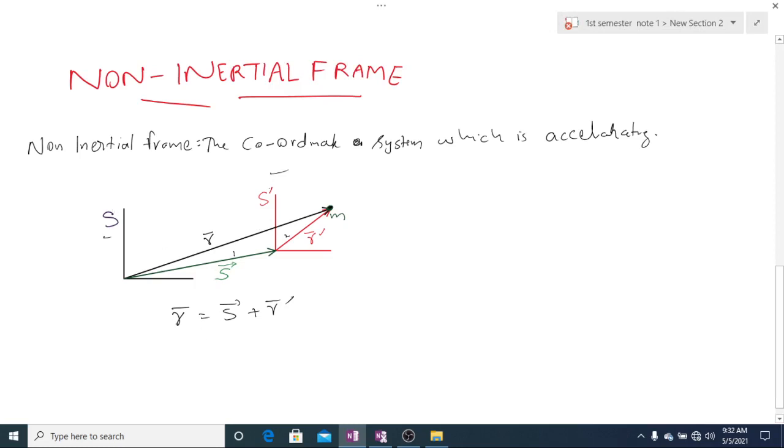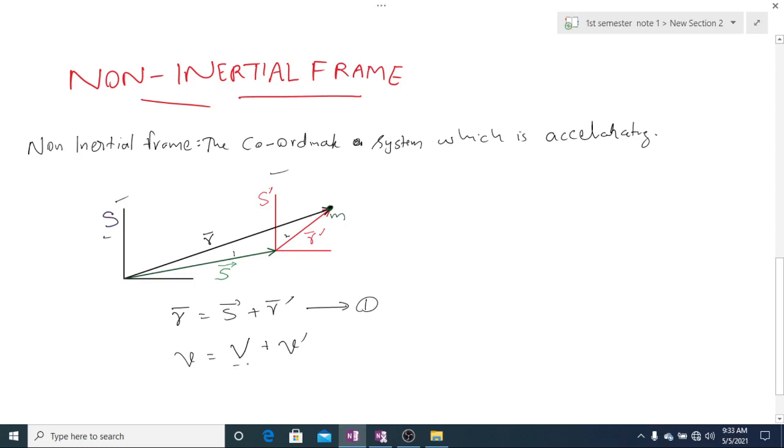Now if we take the derivative of this equation, say this is first equation, we will get v is equal to V plus v prime. What is this v? This is the velocity of this mass in S coordinate system, and v prime is the velocity of this mass in S prime coordinate system.